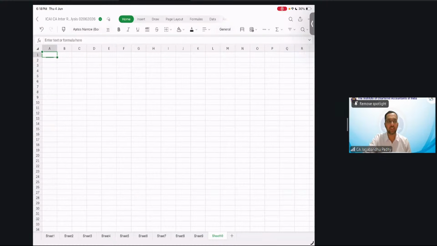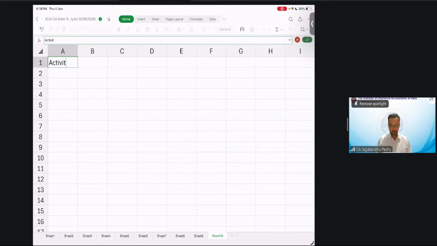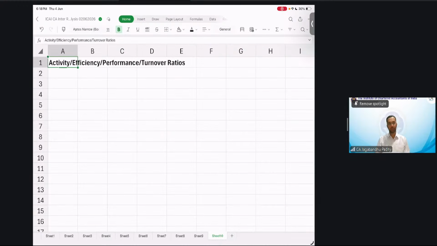Now we have some more interesting ratios which we are going to use to measure the activity, efficiency, performance, or turnover of the company. These all are called activity or efficiency or performance or turnover ratios.